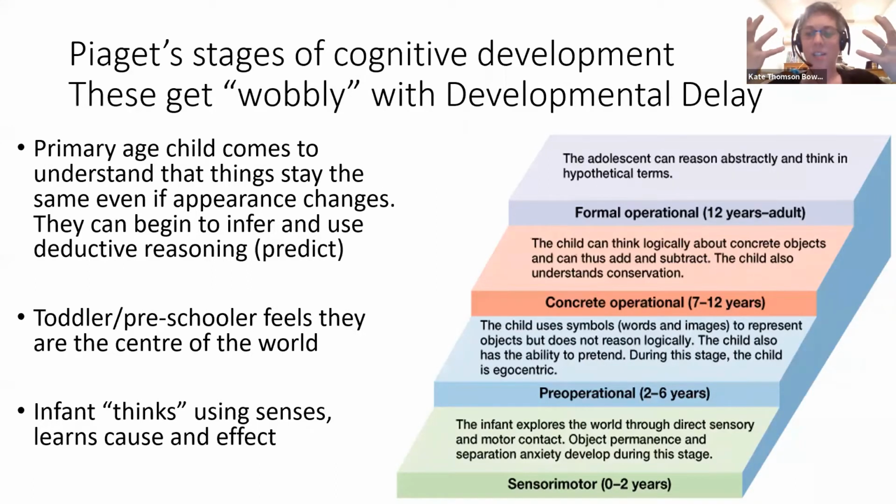They are the centre, they have the only perspective in the world, and that is the reason that they tantrum. That is the reason that they can't understand anyone else's perspective, and that's completely normal at that stage. And then if we go through the next levels, children start to understand permanence. They start to be able to think more logically, and then, as you go further along, executive function, motivation, priorities develop at much later stages.